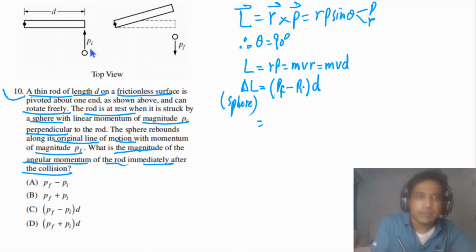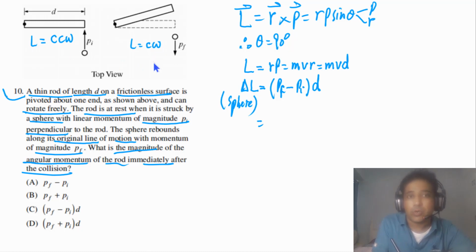So in this case the initial linear momentum, we can also look at angular momentum, but simply you can take the linear momentum. In this case angular momentum will be counterclockwise, and in this case angular momentum will be clockwise. So here we have angular momentum that is counterclockwise, here it is clockwise.